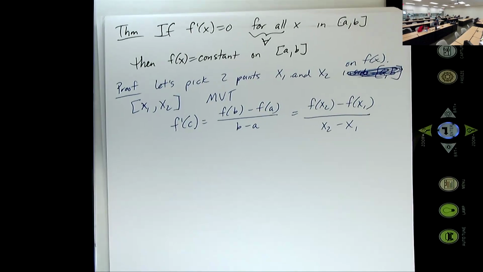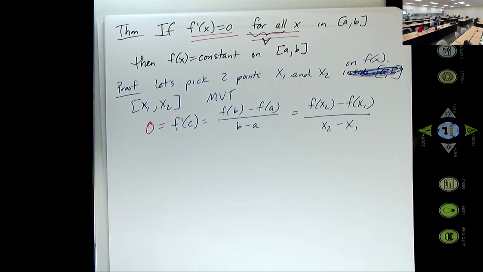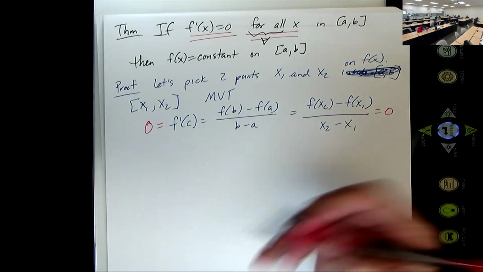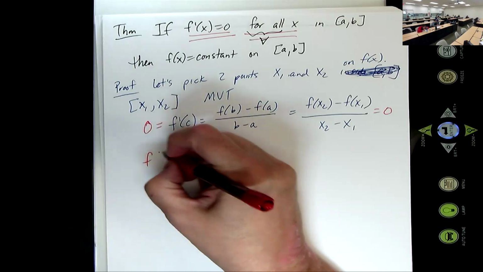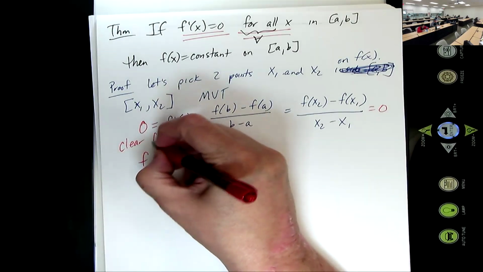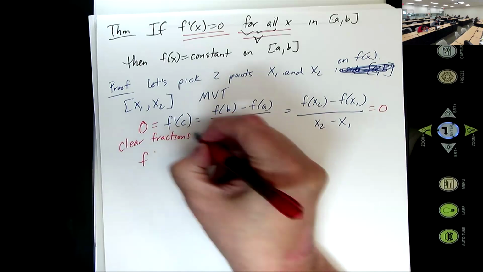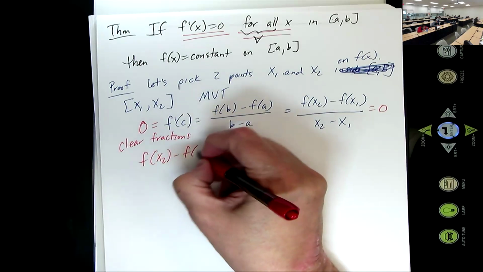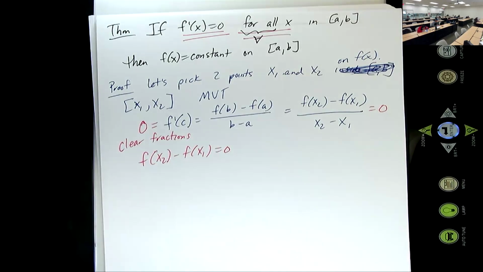The criteria was f prime of x equals 0 for all x, which means that applies for this as well. So this equals 0. Since x2 and x1 are different points, we can clear fractions, and we get f of x2 minus f of x1 equals 0.